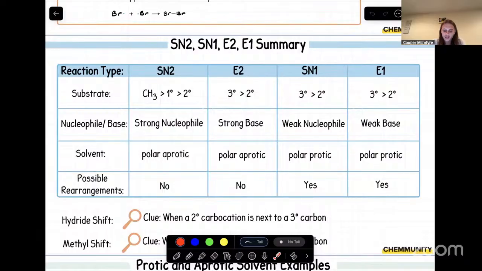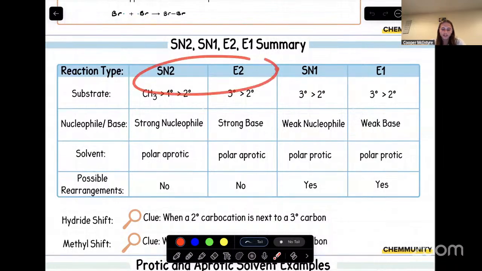And then in terms of E2, we'll be looking at a strong base. What we're doing with E2 is instead of undergoing a substitution reaction where we're changing one functional group into another functional group, we're actually eliminating a functional group to form a new functional group. More specifically, we'll eliminate a hydrogen and a leaving group to form an alkene, and that'll be done with a strong base.